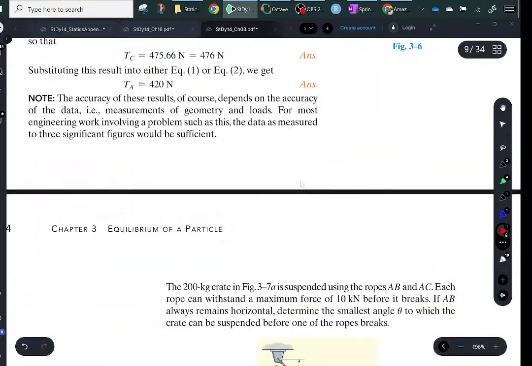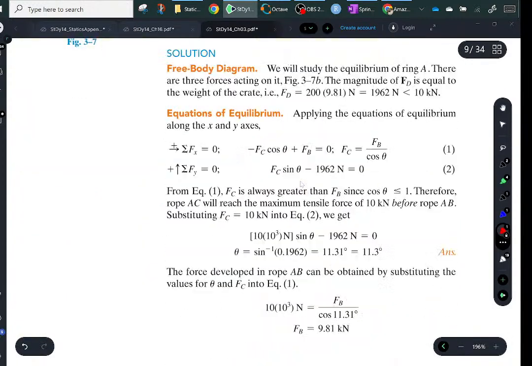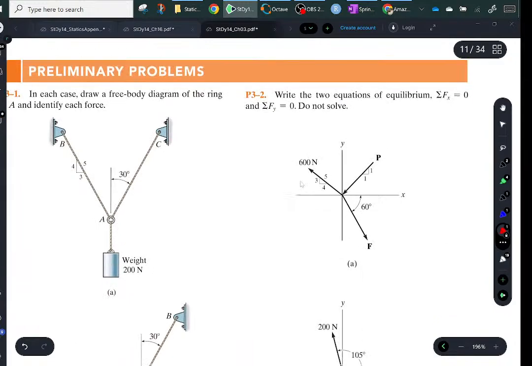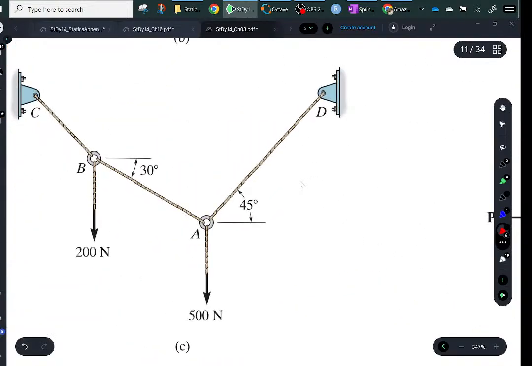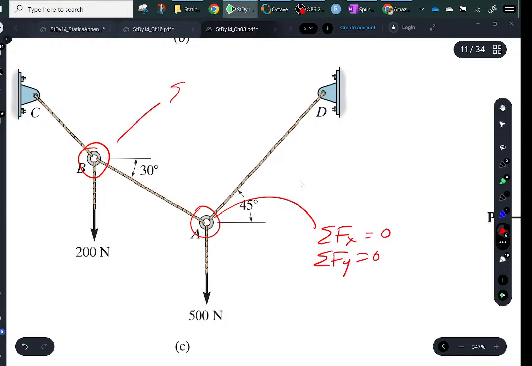Now, that's great until you realize, hey, wait a minute, there are possibly setups where there are two rings. And if there are two rings, then you have two sets of equations. You have sum of the forces in the x and the sum of the forces in the y equals 0 here, but you have a whole other set here: sum of the forces in the x equals 0, sum of the forces in the y equals 0.